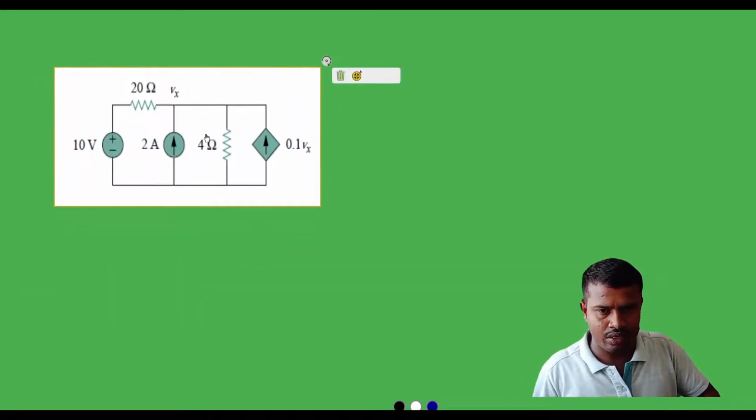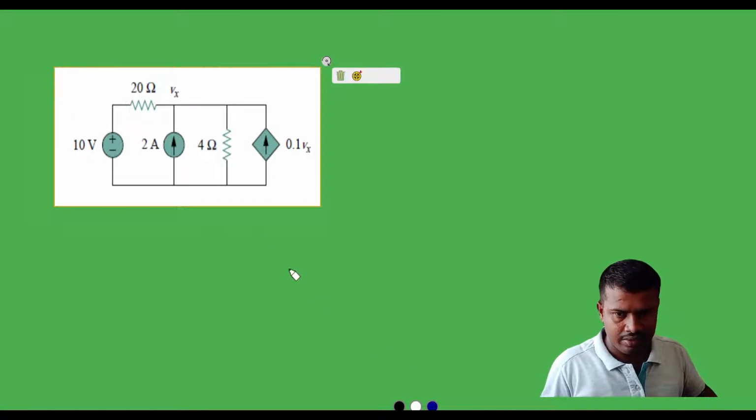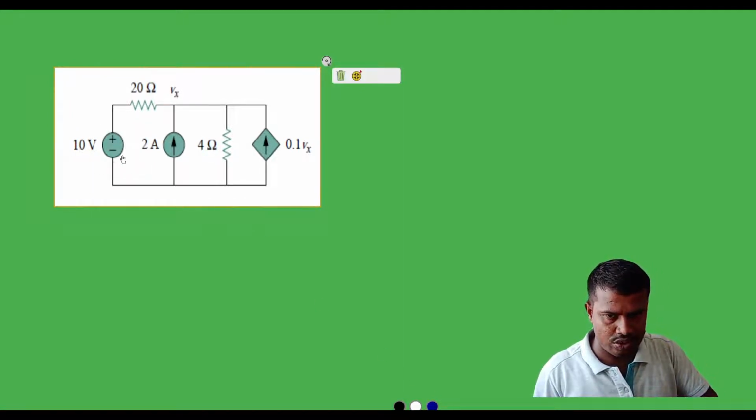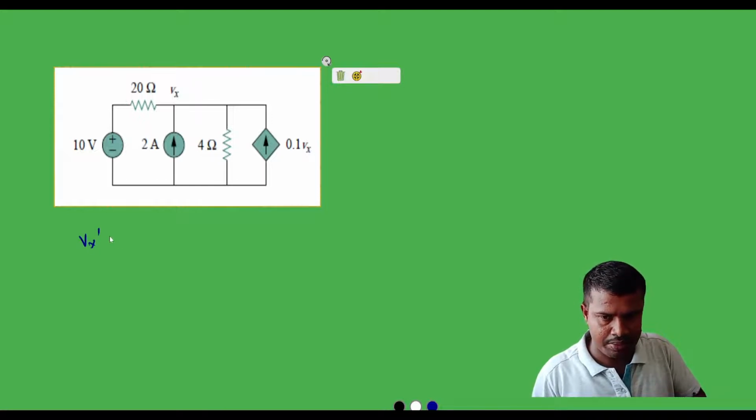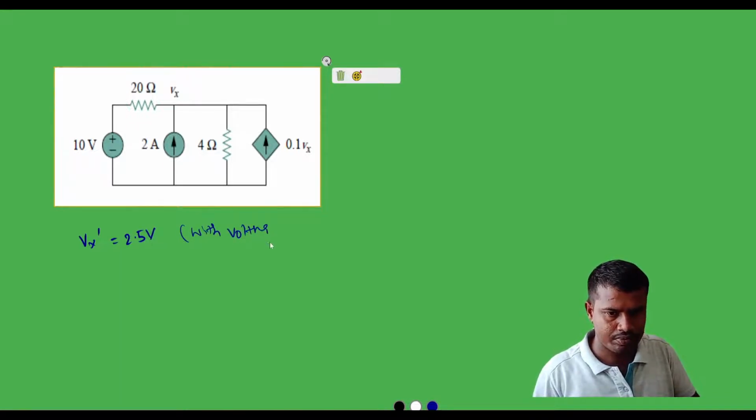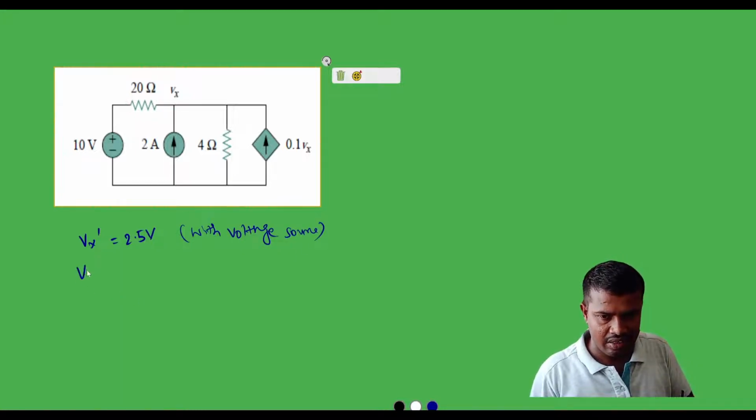In this circuit, when the voltage source is active, Vx prime is equal to 2.5 volt with voltage source, and Vx double prime is equal to 10 volt with current source.